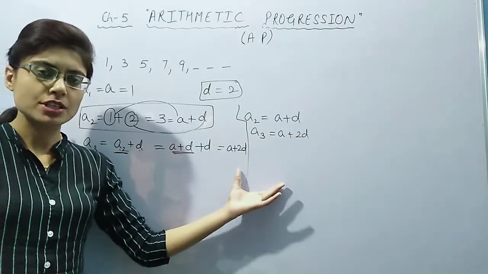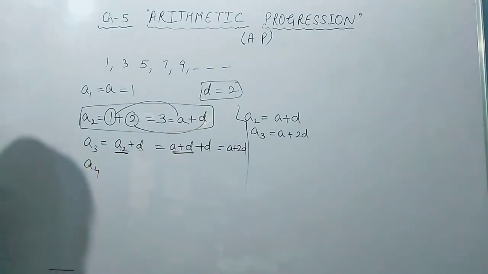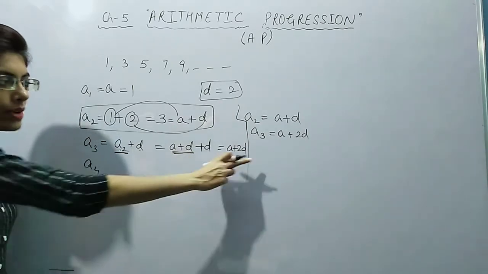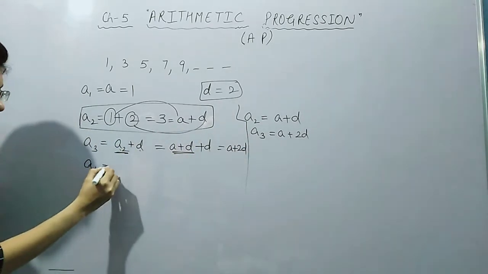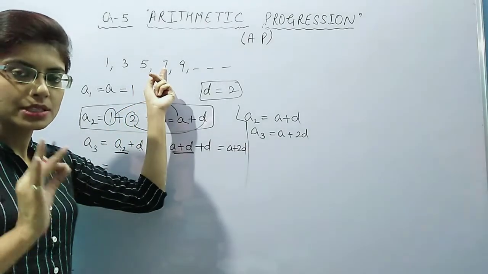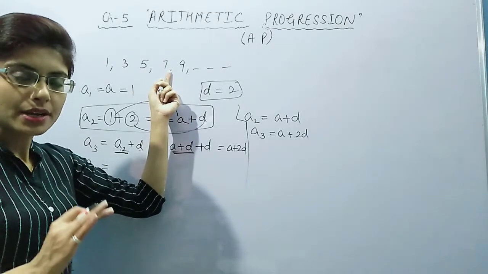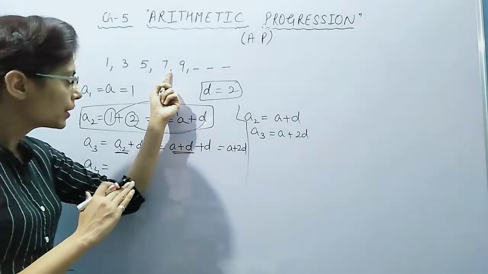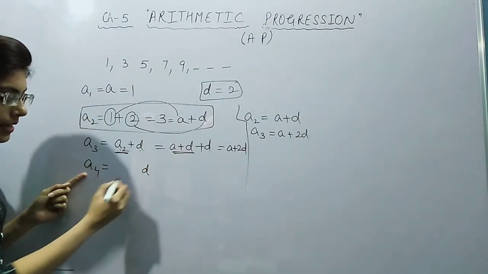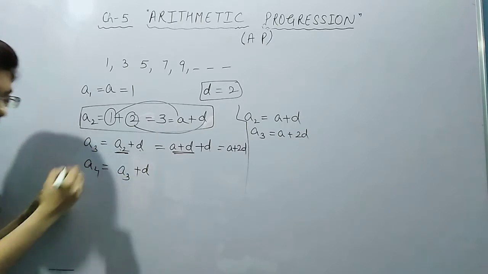Please keep watching very carefully. Next I want to write the fourth term. How to find a4? To obtain the next term, we add the difference to the previous term. So to obtain the fourth term, I will add d to the previous term, that is a3.